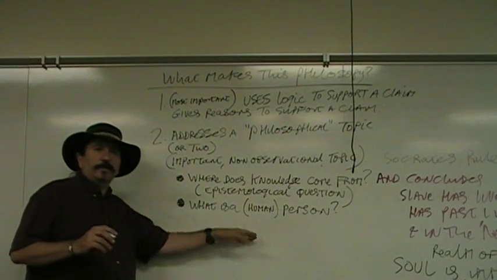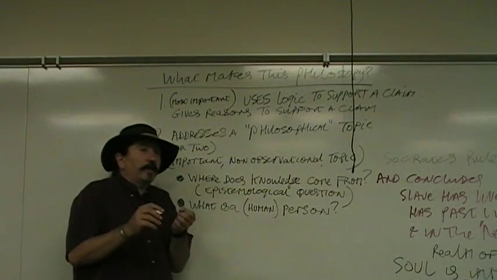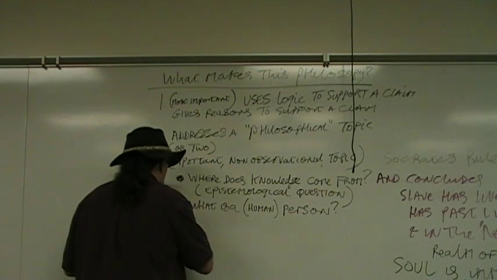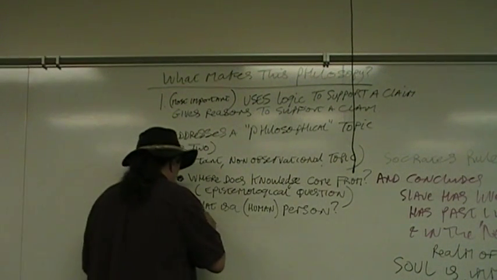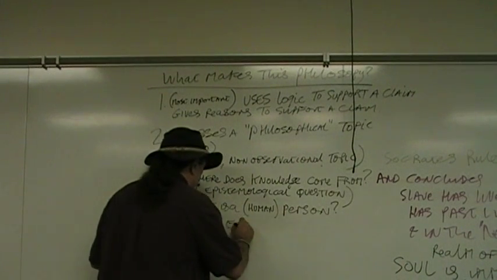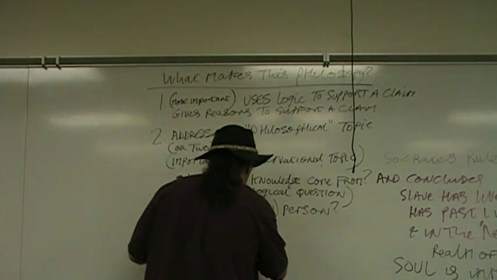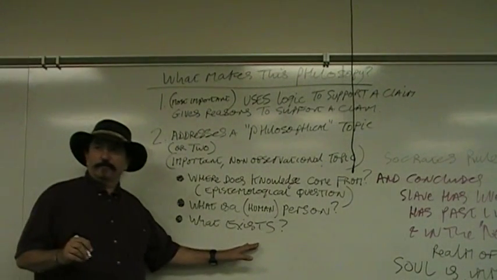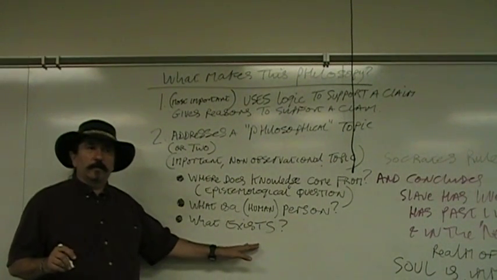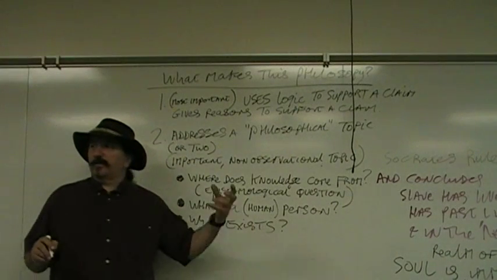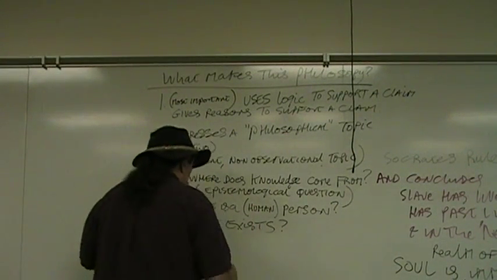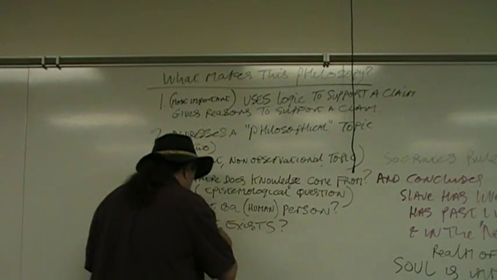There's the question of what kinds of things exist. What exists? These are both actually ontological questions.